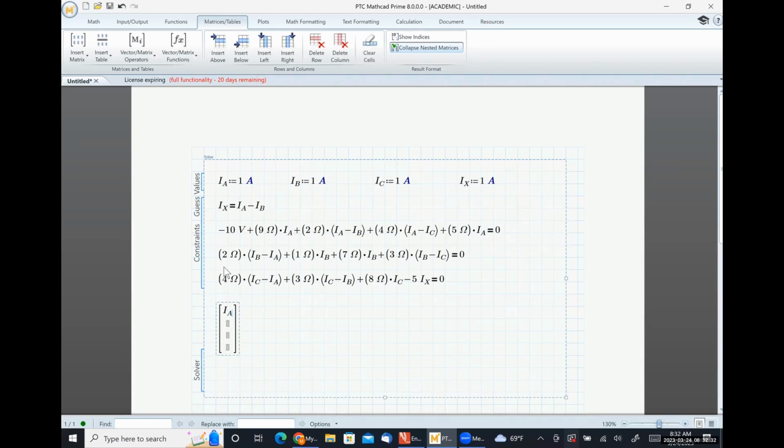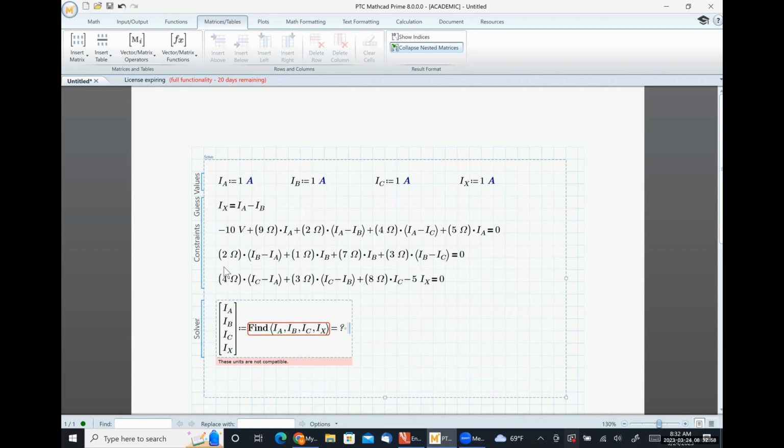So I'm going to have a matrix of IA, IB, IC, and IX. I'm going to shift colon find IA, IB, IC, and IX. And I'll press equal here, and I get an error.